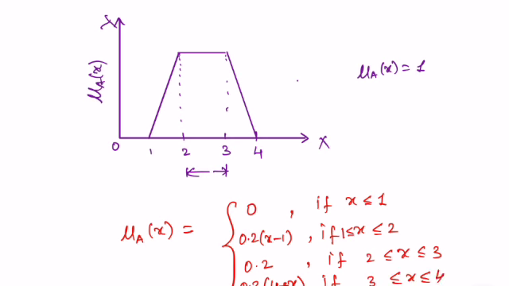And the last one takes value 0 for all x greater than or equal to 4.